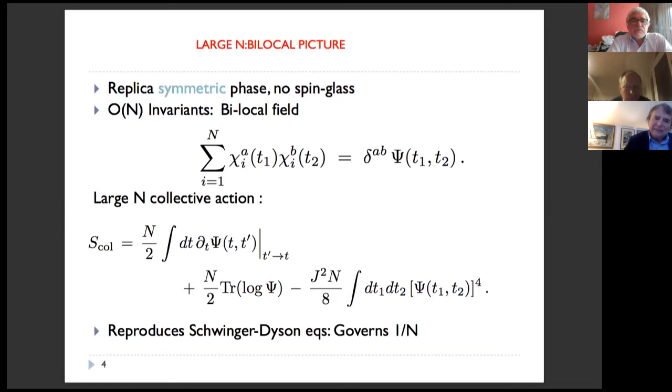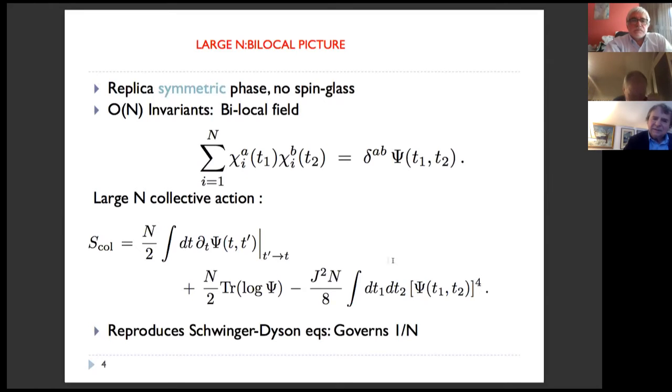And then there is an extra large N term that is the entropy, due to this change from a large number of N variables to just the bilocal.